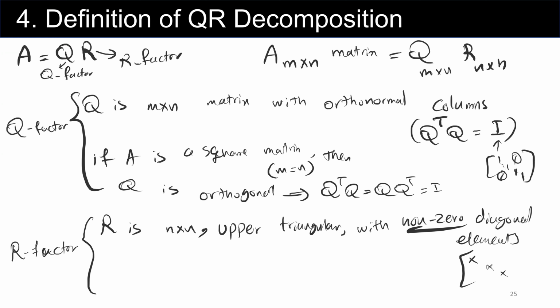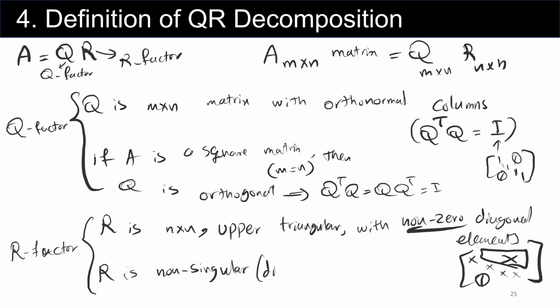These are non-zero. These are non-zero. Whatever is below the diagonal is 0. And R is also non-singular. What does that mean? The diagonal elements are non-zero.